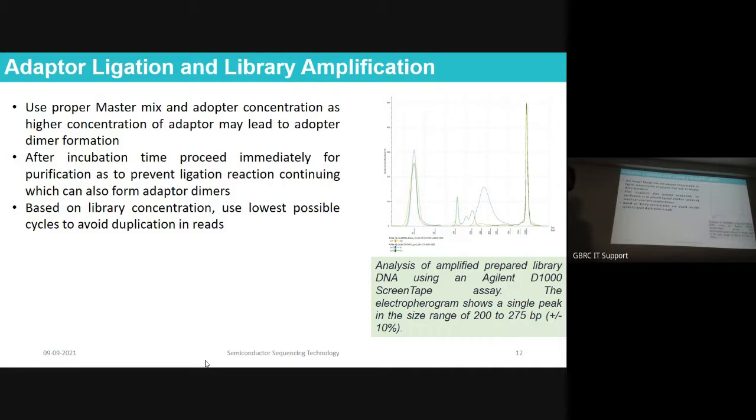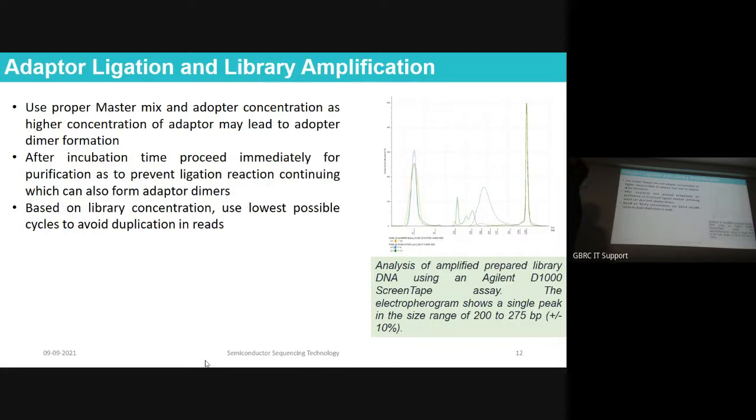Now this is again a very critical step. Hypothetically, you are assuming that each different DNA in your library is getting amplified in equal proportion. But it will never be the case, because it is a PCR, and PCR can always have biases.